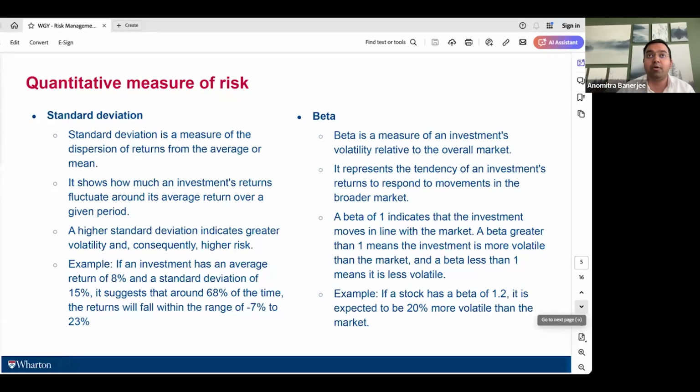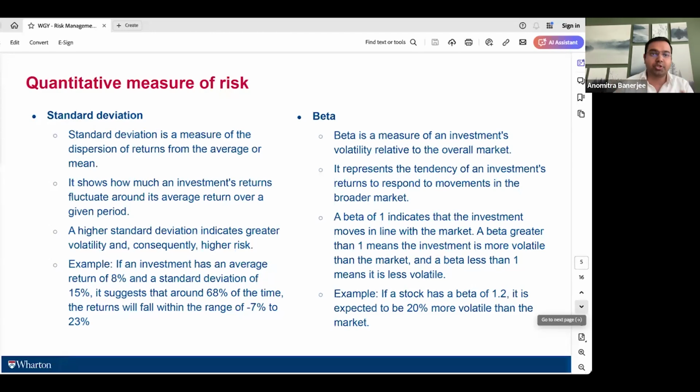So if the market can go up 5%, the stock you are trading in can go up 5% plus 40% of 5%, which is another 2%, right?